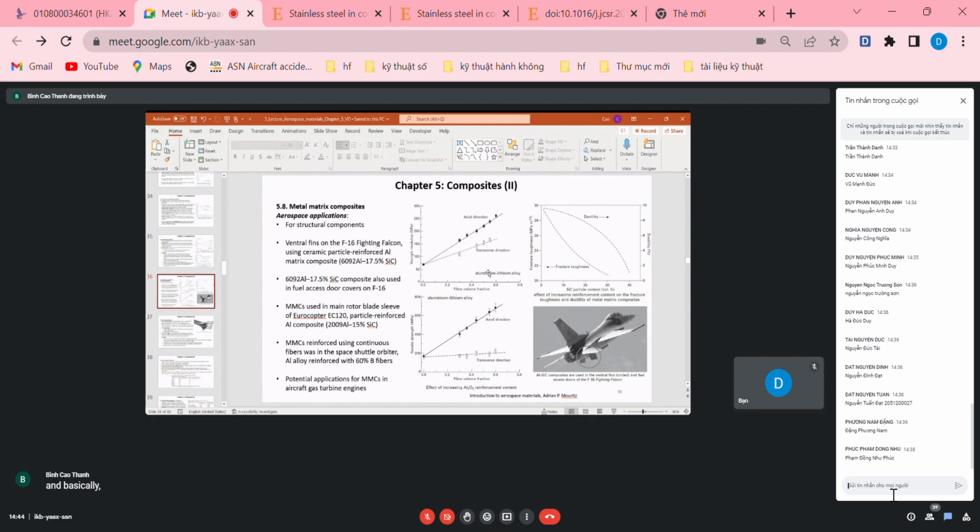And basically concerning the fracture toughness, by increasing the amount of silicon carbide particle content, we reduce the ductility. Unfortunately, the material becomes more brittle and has lower damage tolerance.